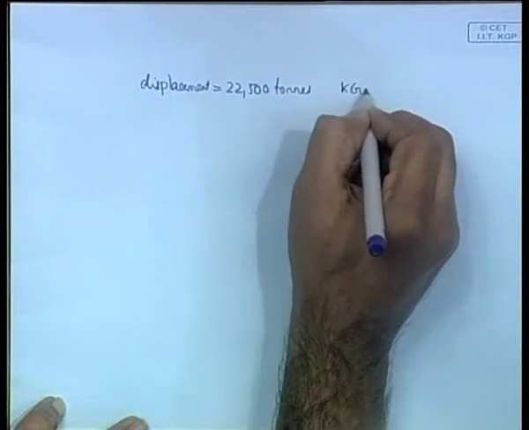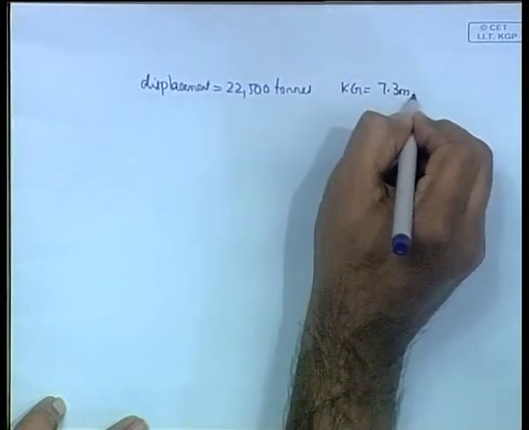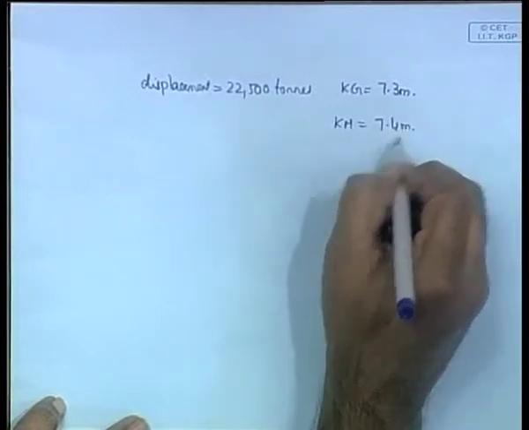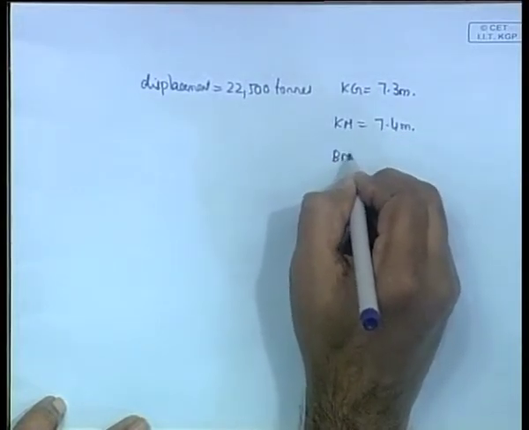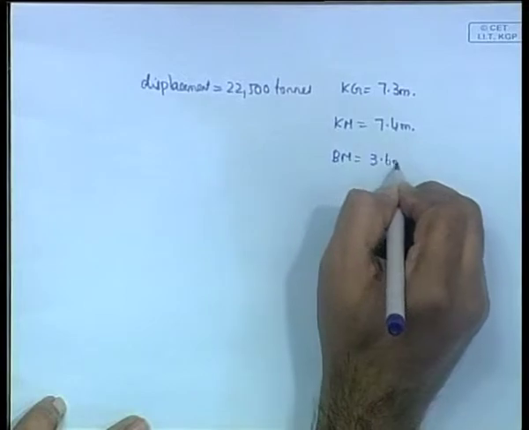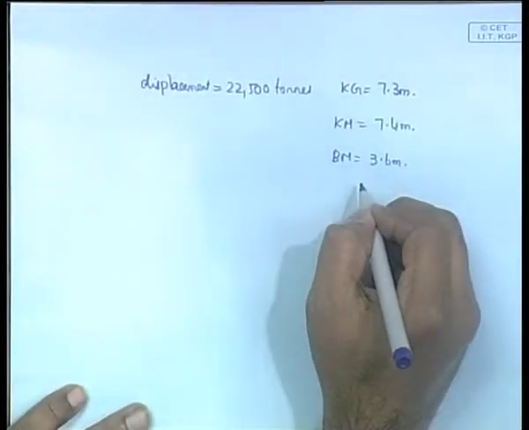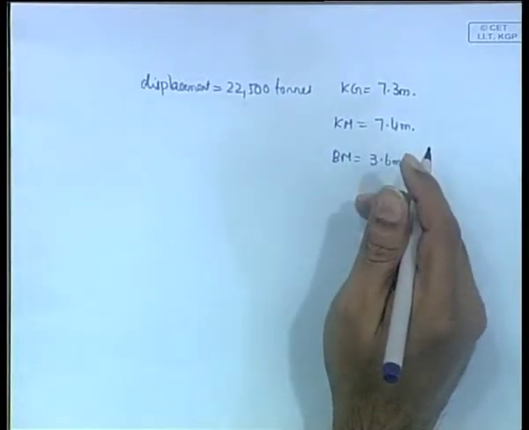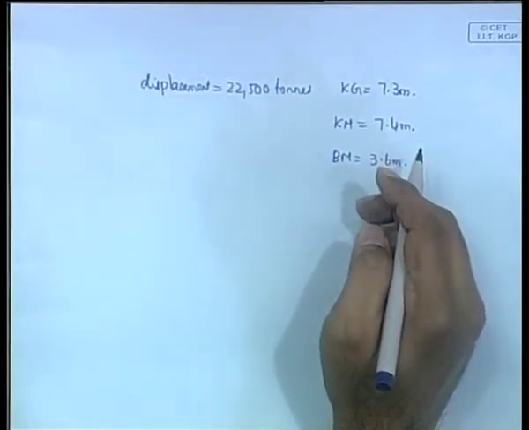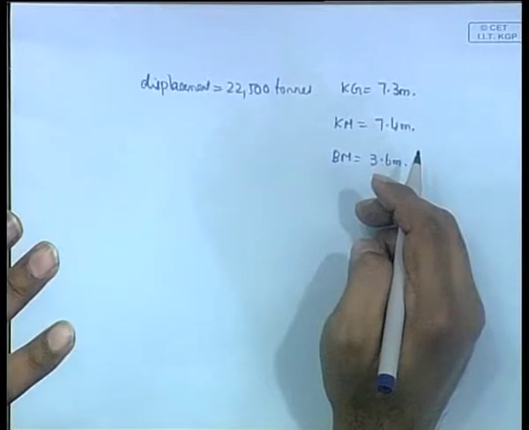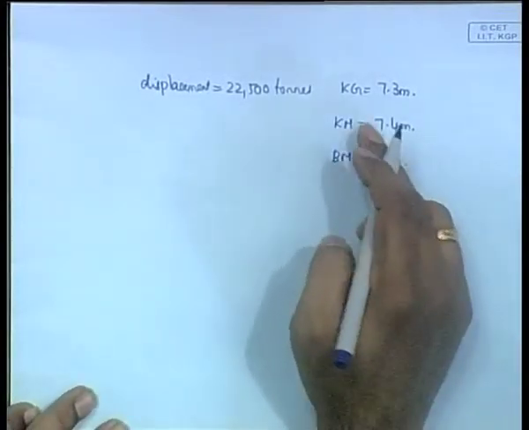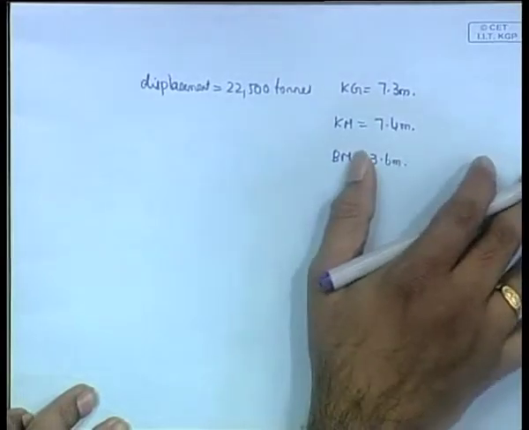You are given that the KG is 7.3 meters, KM is equal to 7.4 meters, BM is equal to 3.6 meters. So, in this problem it is the second type, you are given the hydrostatic data, you do not have to calculate I, you do not have to calculate KM, nothing, everything is given. So, you are given the hydrostatic data.